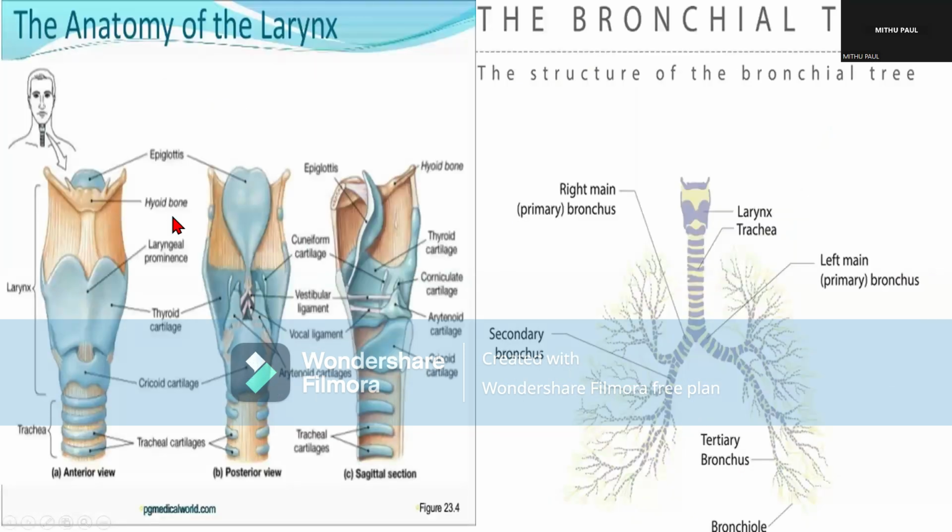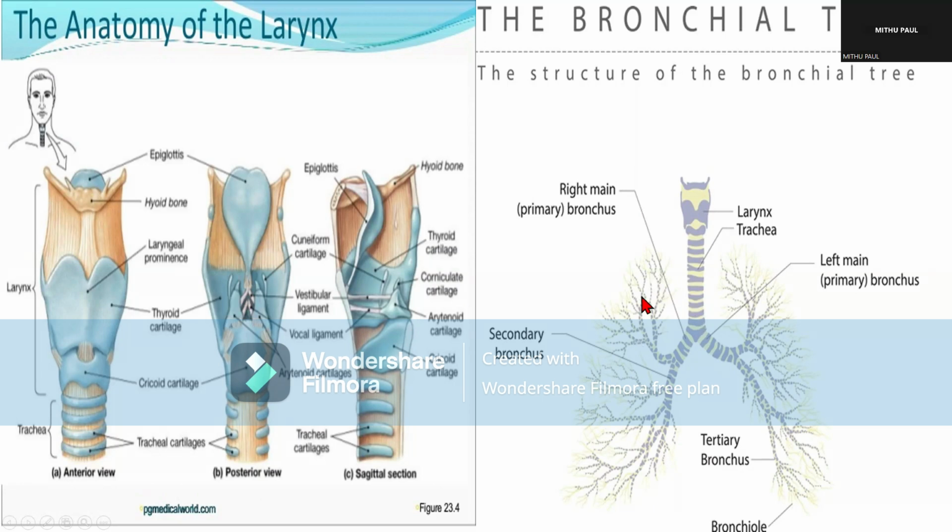Hyaline cartilage is also present inside the larynx, the sound box. Most of the cartilage here is hyaline in nature, mainly the thyroid cartilage, the arytenoid cartilage except at its apex and the tip of the vocal process, and the cricoid cartilage.